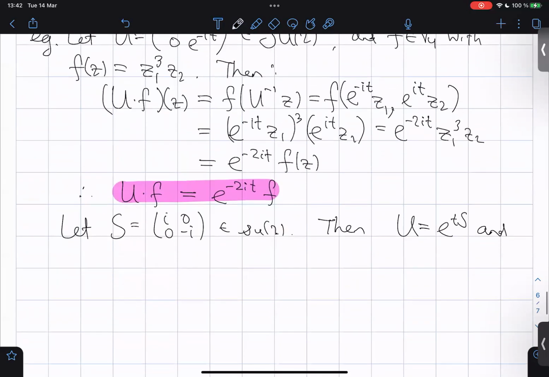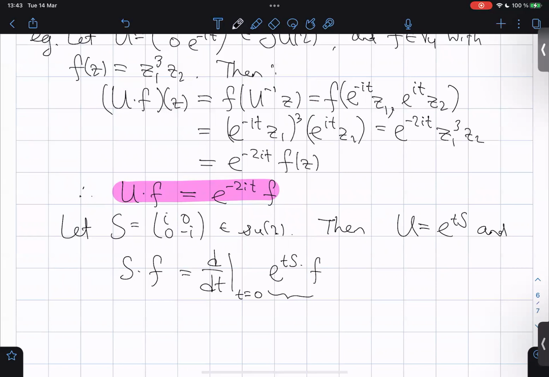So the infinitesimal action is the derivative at t equals 0 of this.